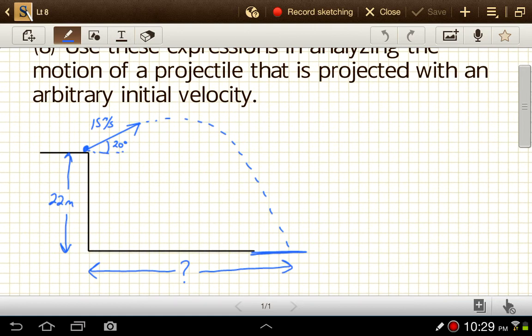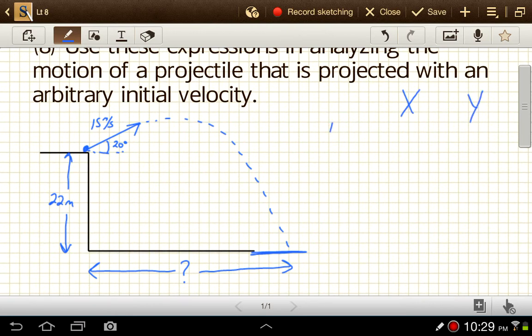With all these problems, it's a great idea to start by just identifying what it is we know and what it is we're trying to solve for in terms of the variables in the kinematics equations. So we can break everything down into x stuff and y stuff.